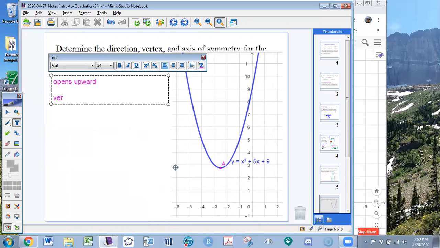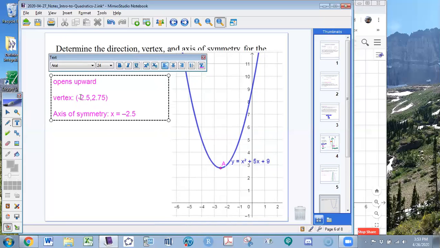The vertex seems to be at negative 2.5, comma 2.75, I believe it was. And our axis of symmetry is a vertical line, so it's x equals, and it has the same x coordinate as the vertex. All right.